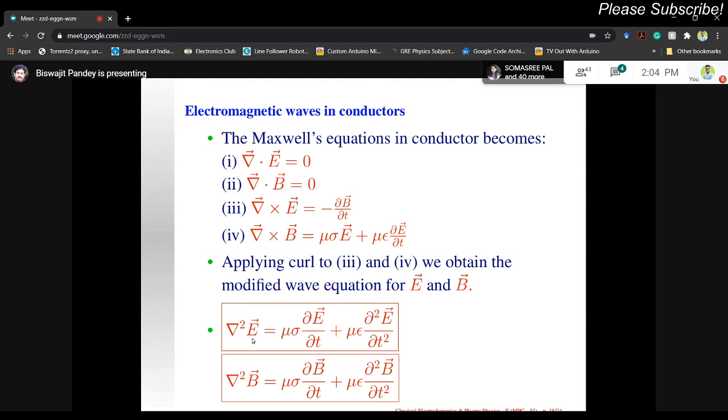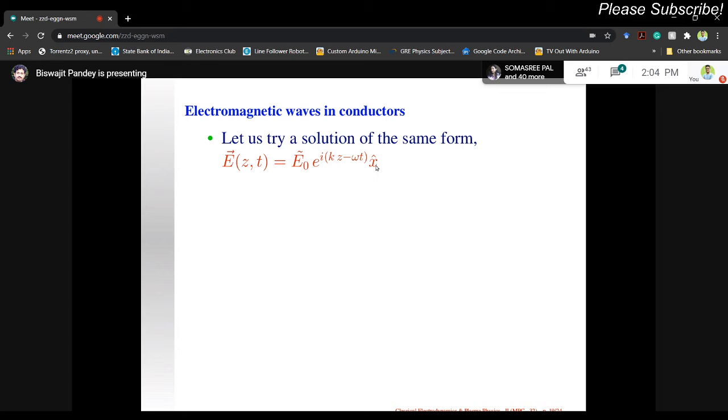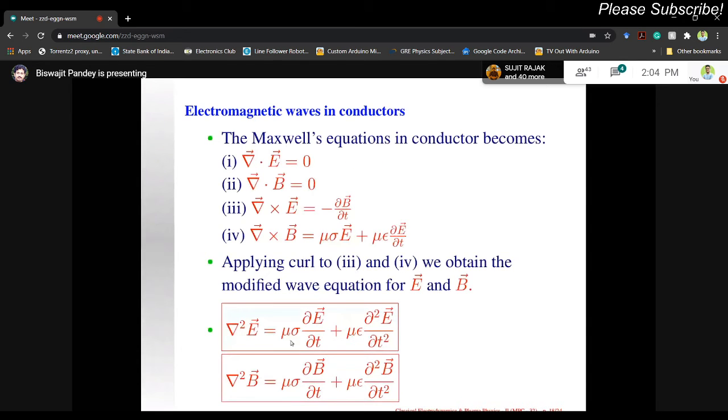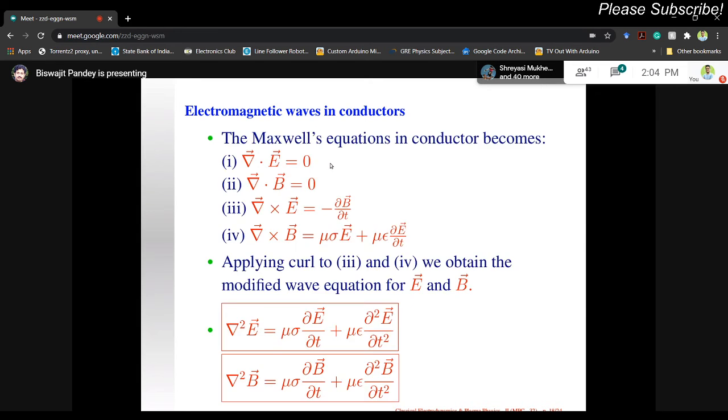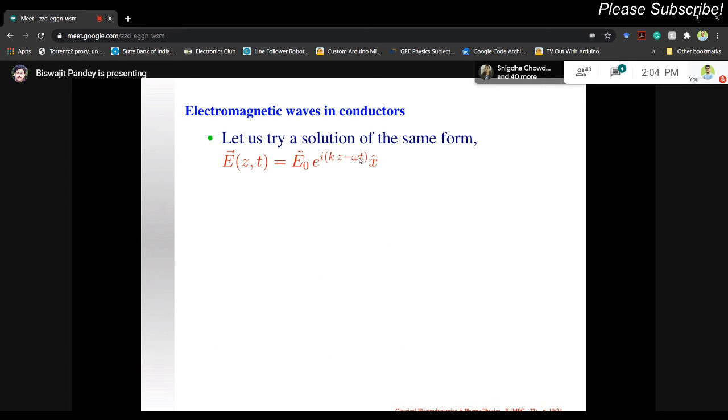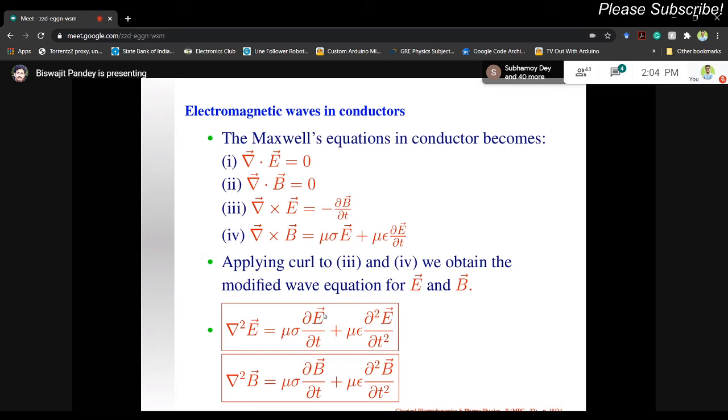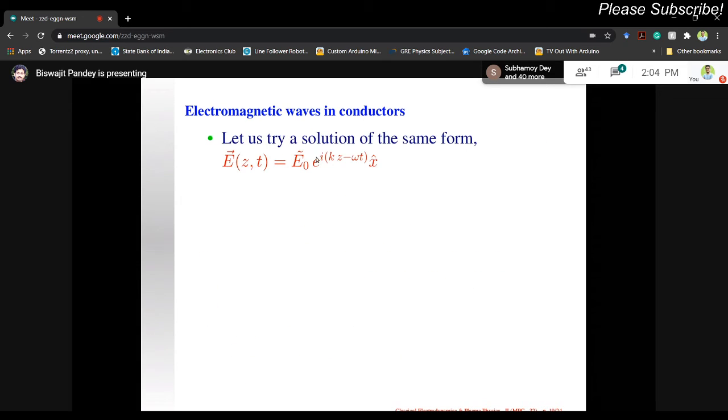So it's literally e to the power i(kz minus omega t). So this is the spatial part, this is the time part. So there is a Laplacian here. So naturally it will throw out a k square term, and since there is a del 2 del t2, it will throw out an omega square term. I mean minus i omega, so minus plus and then i square, and since there is a del E del t term, it will throw out an i omega term, right?